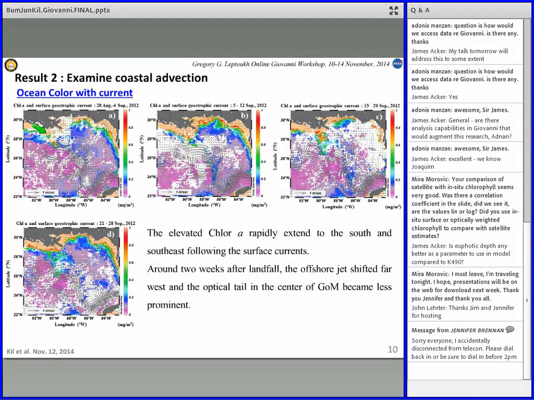So we can find the offshore advection of nutrient-enriched water to the offshore.